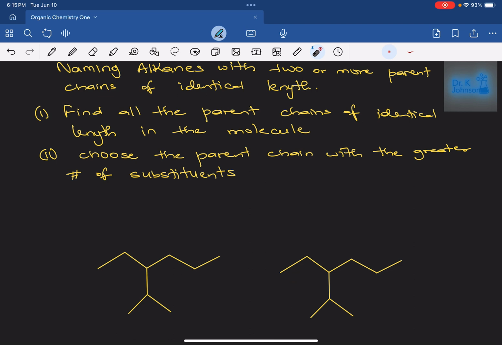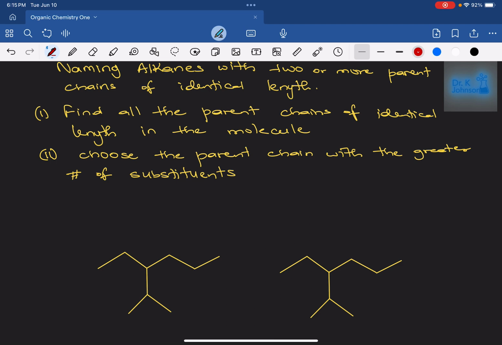So if you run into a situation like this where you have two or more parent chains of identical length, then this is how you approach it. The first thing you need to do is find all the parent chains of identical length within the molecule. Okay, so let's do that first.